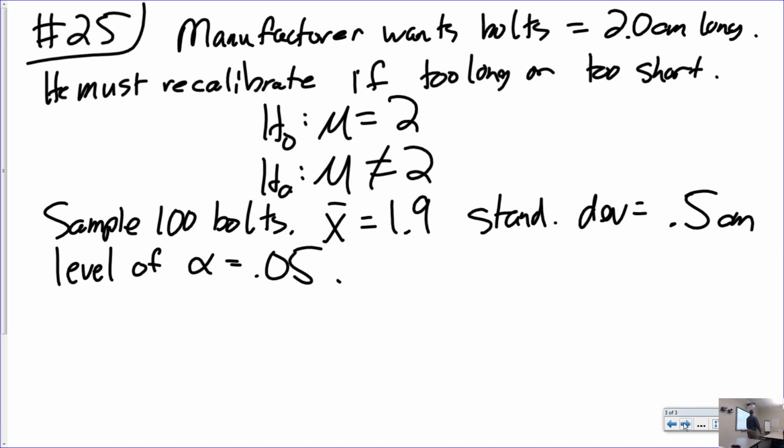Note what we're using for our level of alpha this time, folks: 0.05. And note, what kind of a test is it? Two-tail, right? I made my first example one-tail because we had less than and greater than. Here it's not equal to and equal to, all right? But it's pretty darn close, all right?